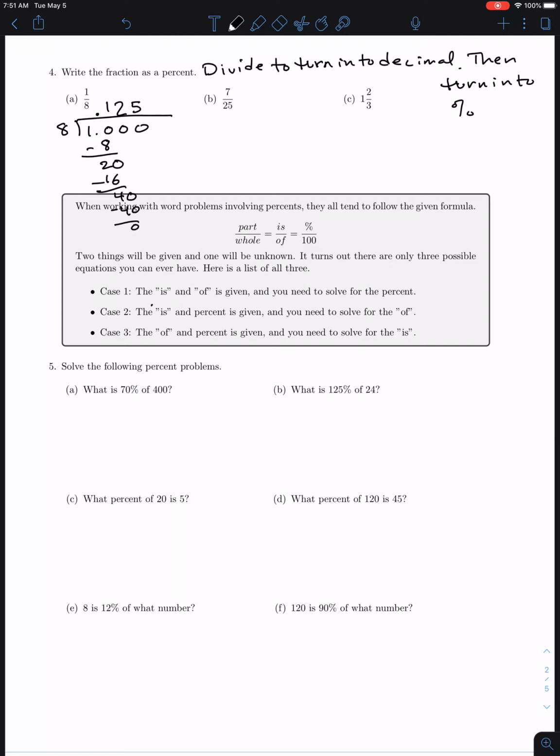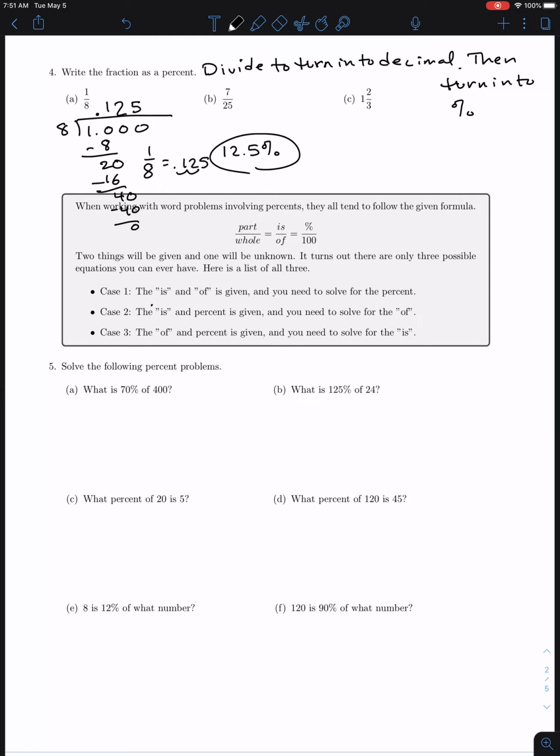So it gives us a 0 remainder. So our decimal in this case, 1 over 8, is the same thing as 0.125. Now to turn this into a percentage, we want to move our decimal 2 places to the right and then add our percent sign. All right, so hopefully that's good with everybody.